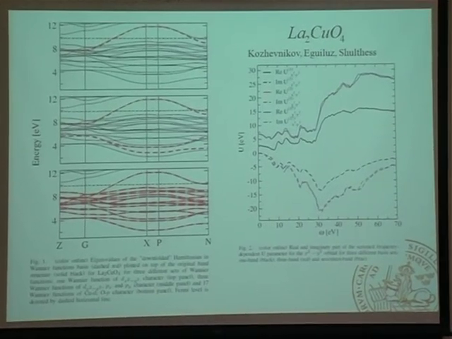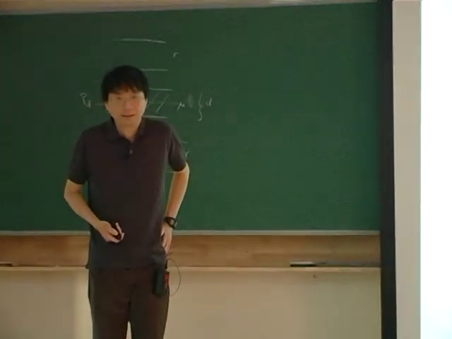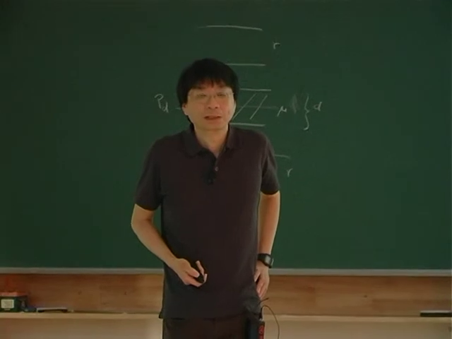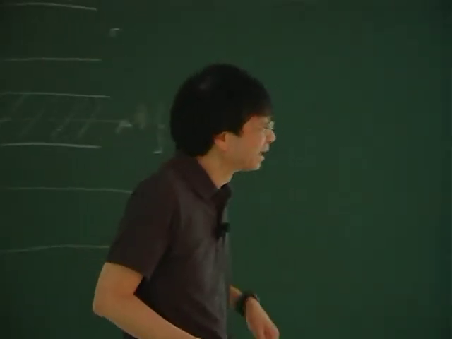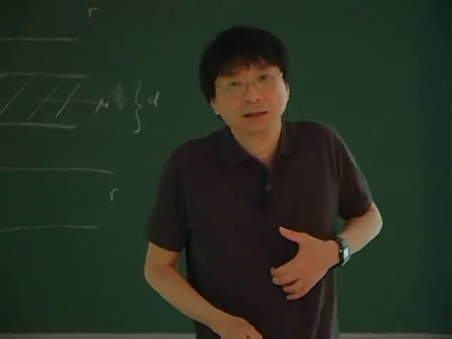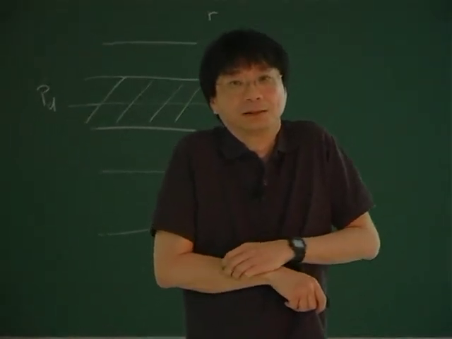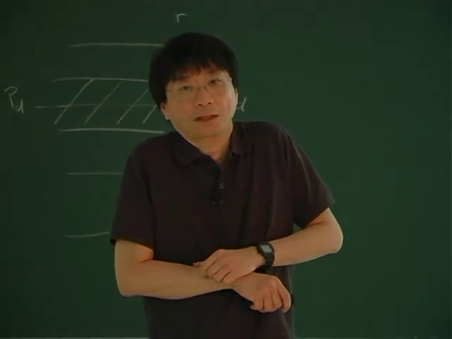As we were reminded yesterday from Sarma's talk, we expect that the effective U has nothing to do with the actual Coulomb repulsion on copper, but is of the order of the charge transfer energy between the copper state and the oxygen state. So for that quantity, a value of 2 to 3 eV is completely reasonable.